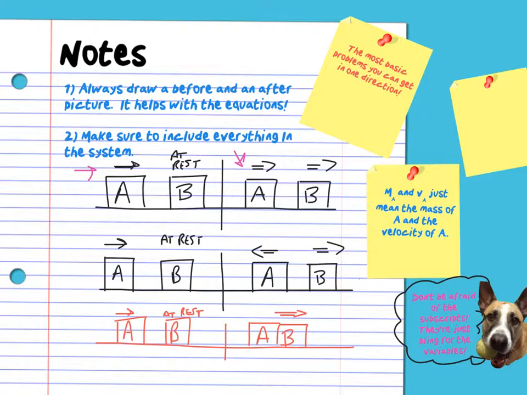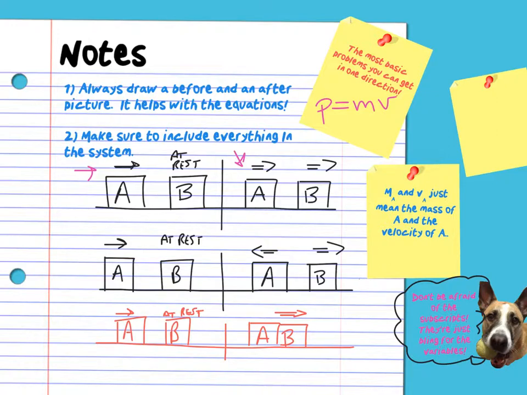I always find that it is a really good idea to write out your equation, and then you can put in the numbers. Some of you may be used to this and some of you may not, but we're going to use subscripts with our variables. We know that momentum equals mass times velocity.